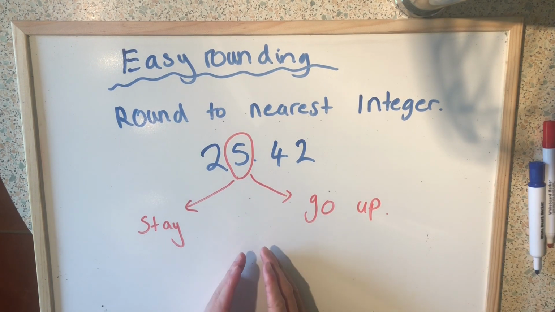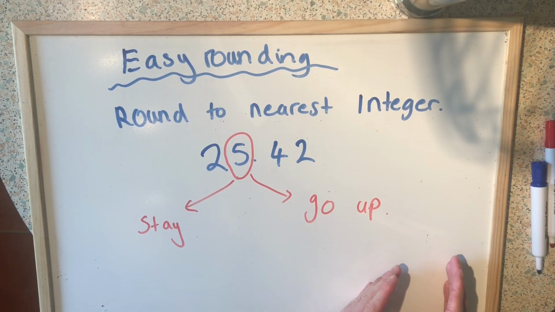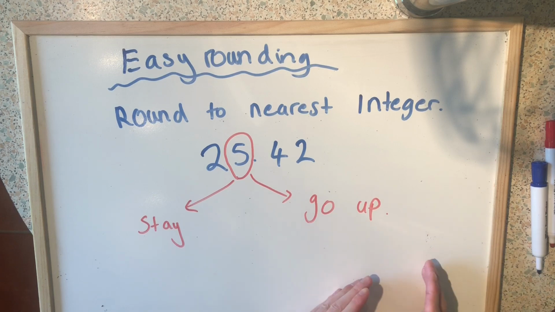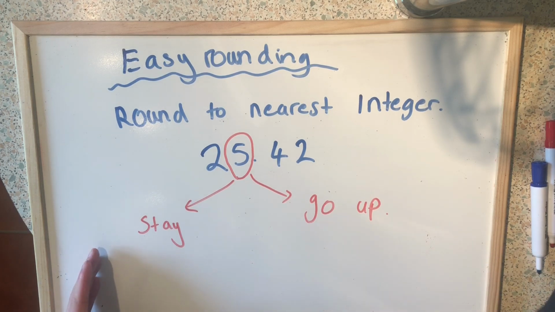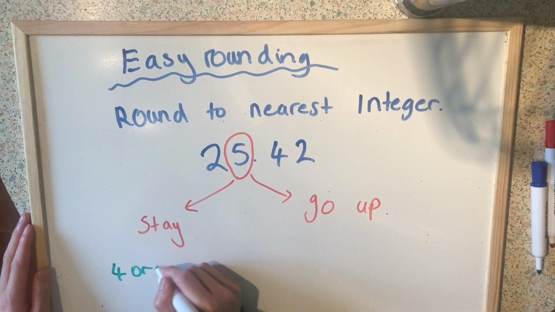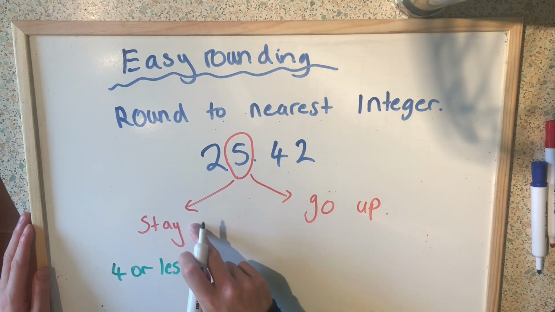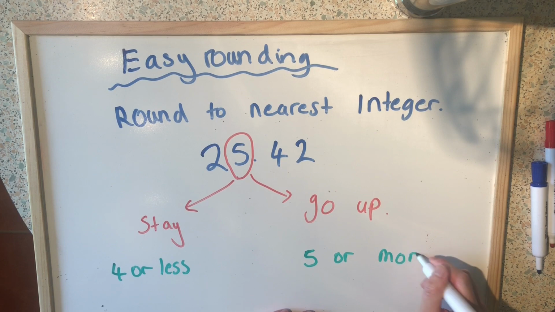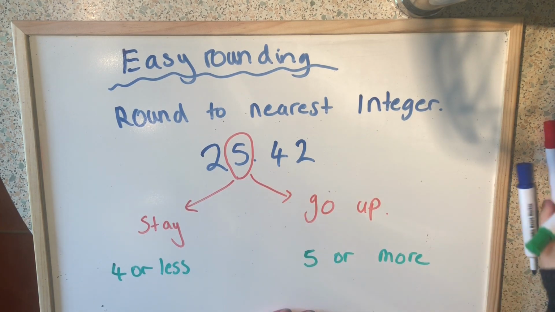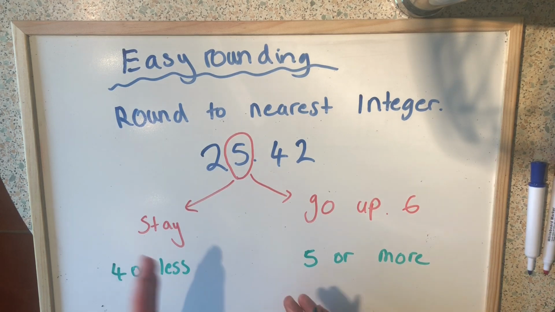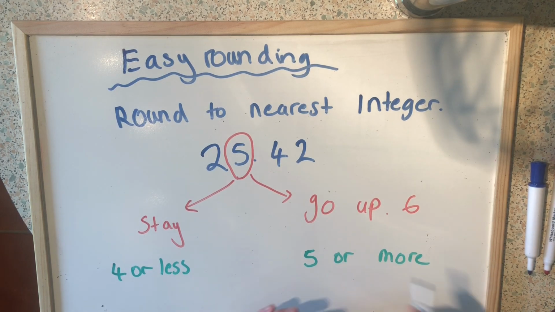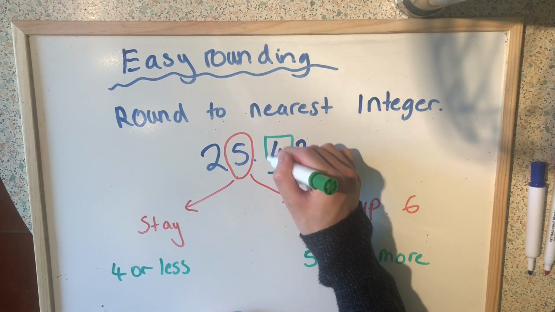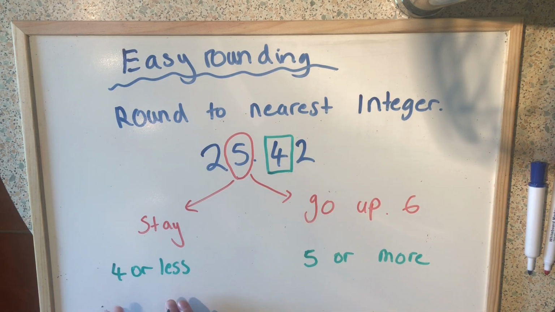So we look at the number next to our most important number, and if that number is 4 or less, then this 5 stays. If it's 5 or more, then this number goes up to 6. Our next number next to our most important number is this 4. This 4 is 4 or less, so this number stays.